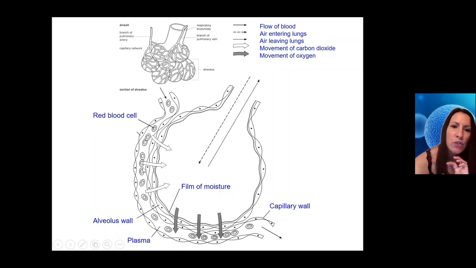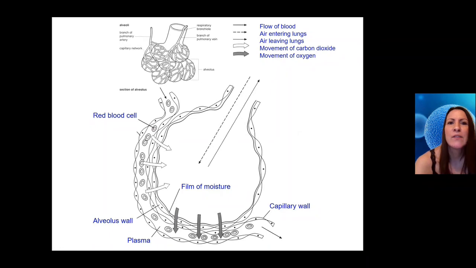The carbon dioxide concentration will be high inside the blood capillaries due to cellular respiration and the buildup of carbon dioxide, and then it will naturally want to move to an area of low concentration, which is inside the alveoli of the lungs. So the carbon dioxide will move from the blood capillaries across the alveolar capillary membrane into the alveoli, where it will travel backwards, the way oxygen just came, all the way up the bronchioles, bronchi, trachea, larynx, pharynx, and out through our nose or our mouth when we breathe it out into the atmosphere.